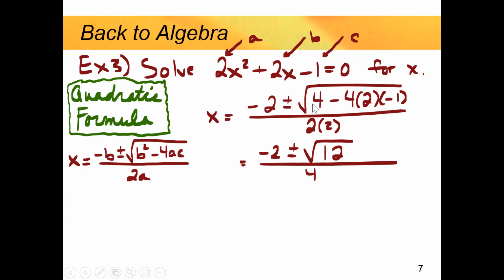What I usually do is I keep that little guy alone by itself, and who cares about it. I just multiply this part together. So -4 times 2 is -8, -8 times -1 is a +8, and then you bring in the 4 afterwards. On this one here, 4 times 12 is 4 times 3, so the 4 gets to go out as a 2. Here's a little trick from algebra.